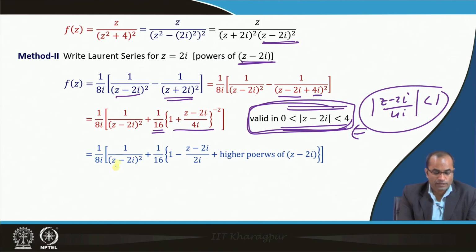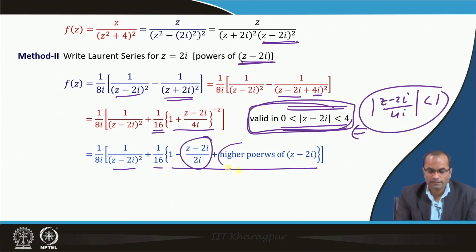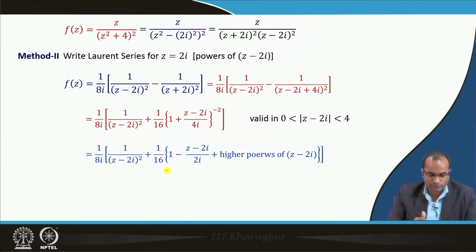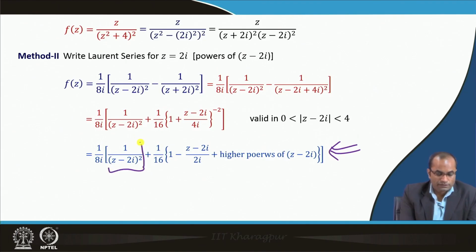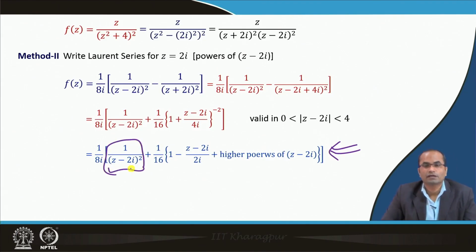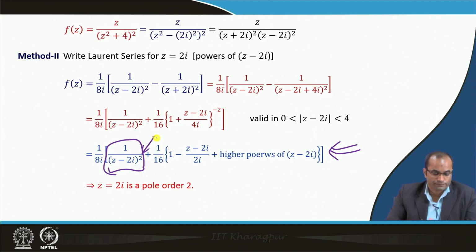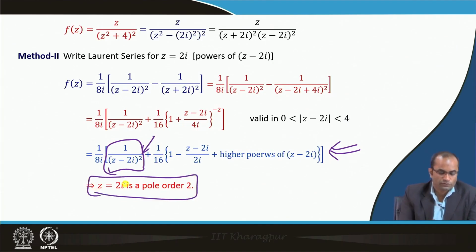So, we have 1 over (z minus 2i) squared and then 1 by 16, and when we expand, we have 1 minus (z minus 2i) over 2i, and the higher order powers naturally will appear for z minus 2i. So, this is the term which is coming in the negative power, up to 2, the order 2 we are going here. So, that means this is a pole of order 2. In this way also it is very easy to classify these singularities.